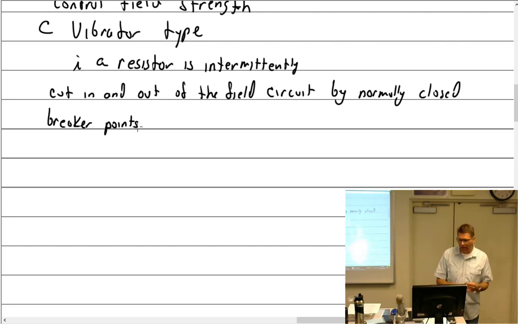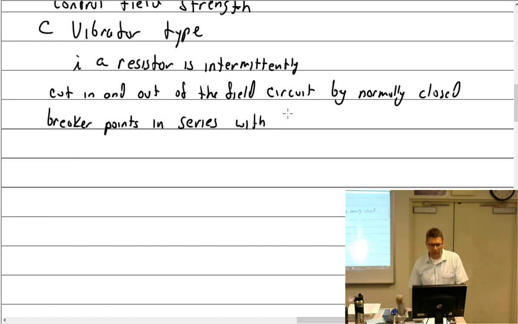It takes some sort of external influence to open them. So if I go up to an aircraft that's completely shut down, battery off, the points are going to be closed. Okay, so normally closed breaker points in series with the field.